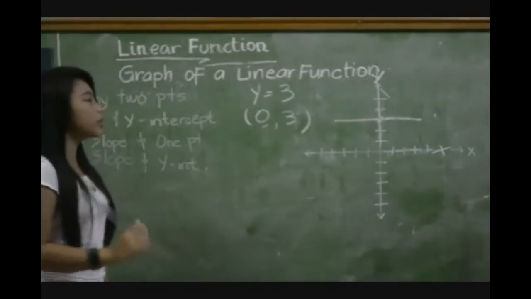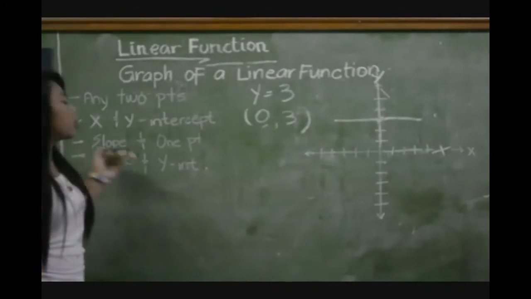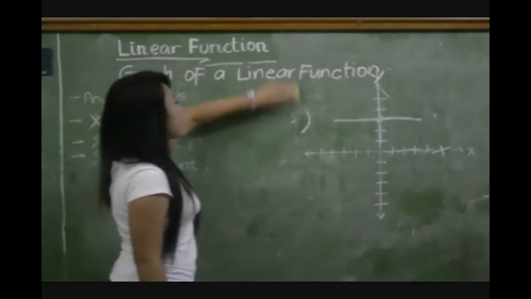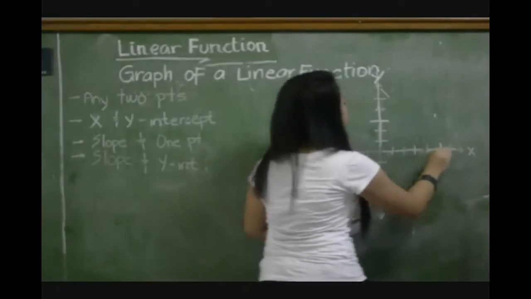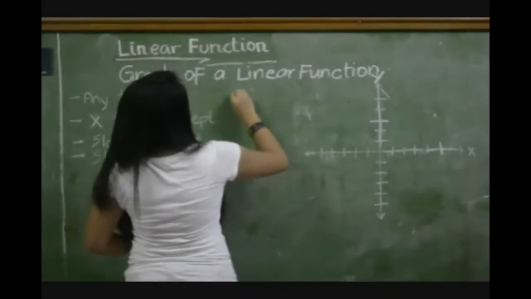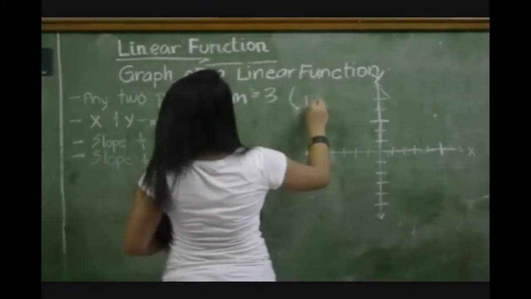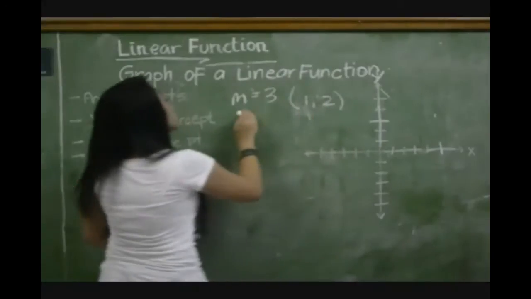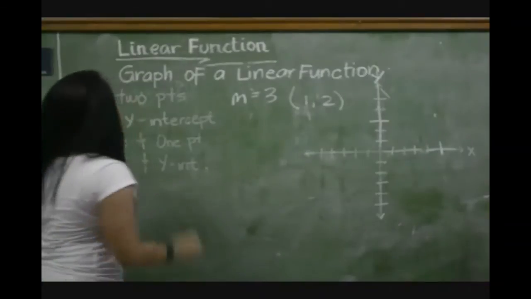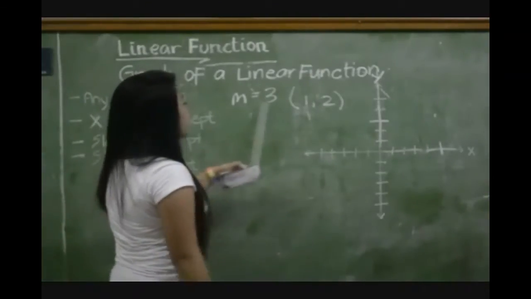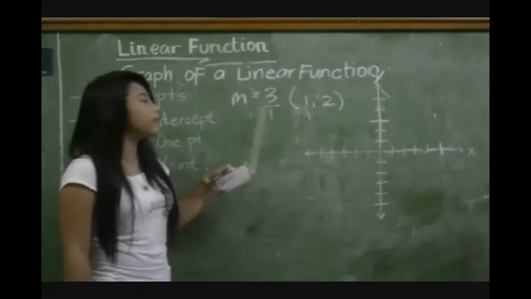Another example that we can draw a graph of a linear function is given slope and 1 point. Let me give you an example. M is equal to 3 and the point is (1, 2). We all know that the slope is also known as m. 3 will become 3 over 1, because slope is rise over run.